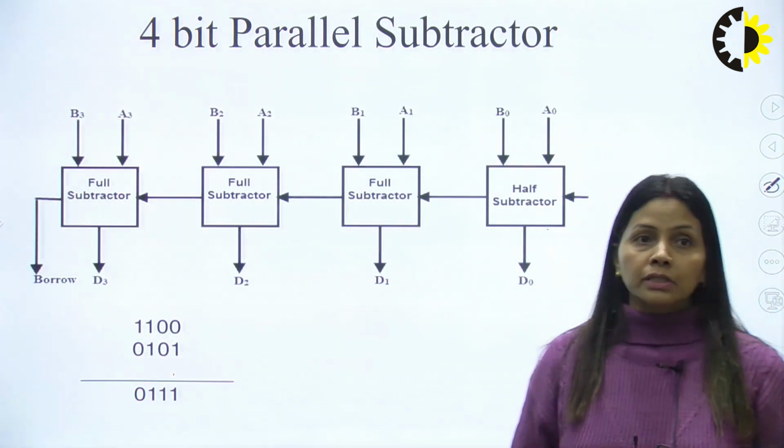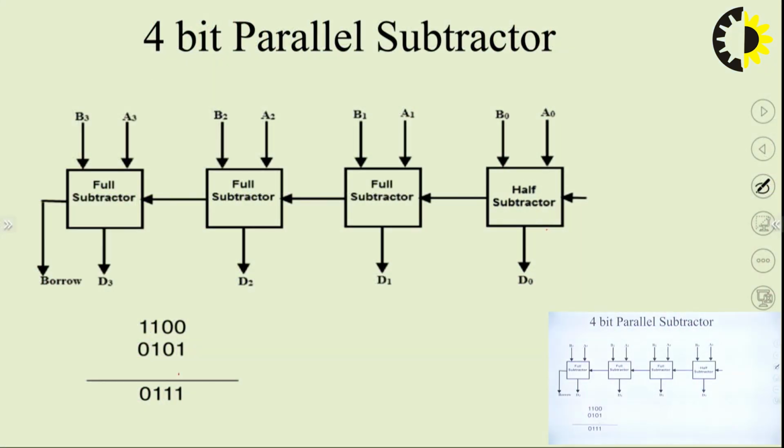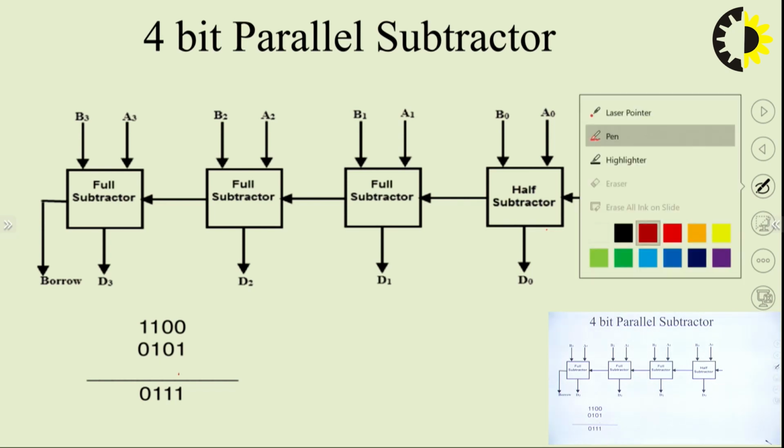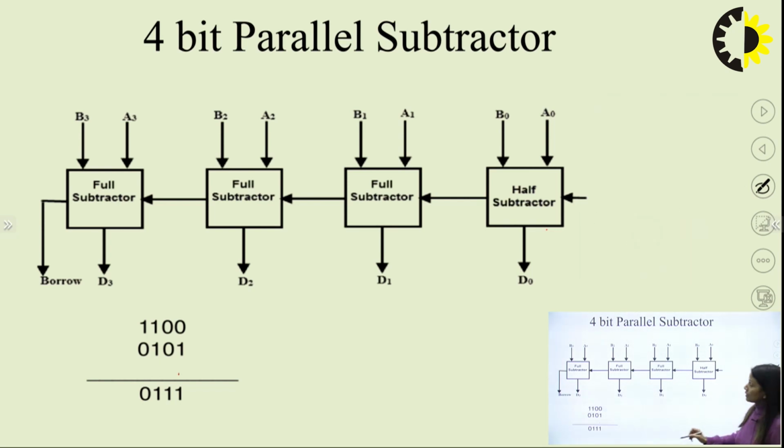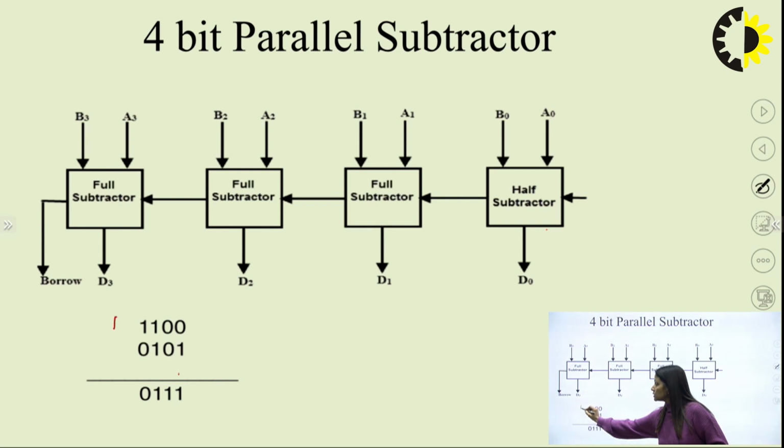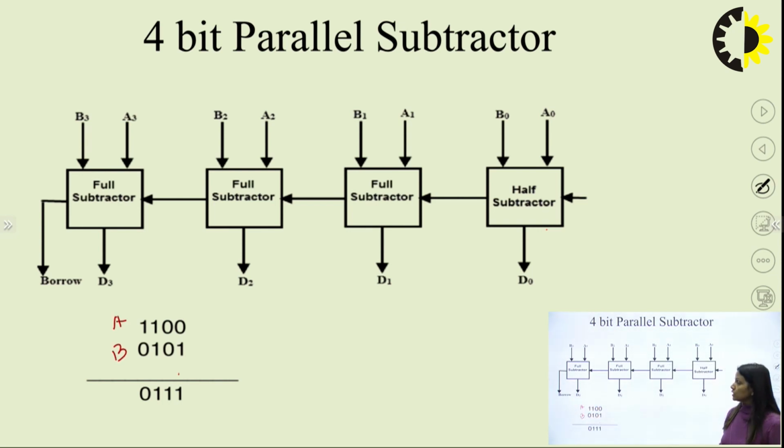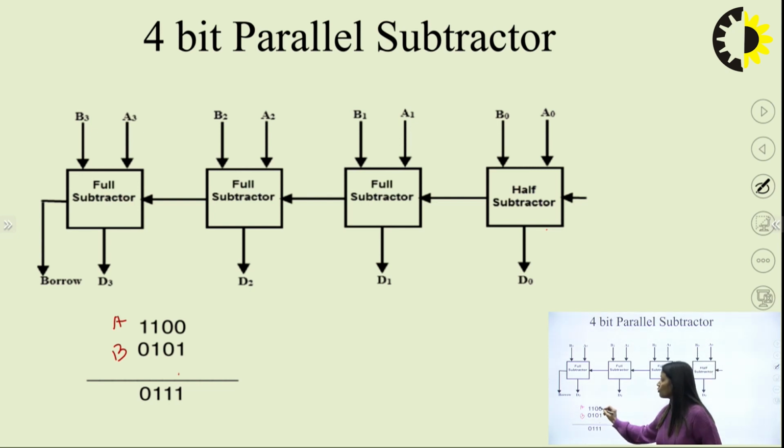So this is the circuit for 4-bit parallel subtractor. Here, let's say I have one number A, which is 1100, and another number B. These two numbers are both of 4 bits.